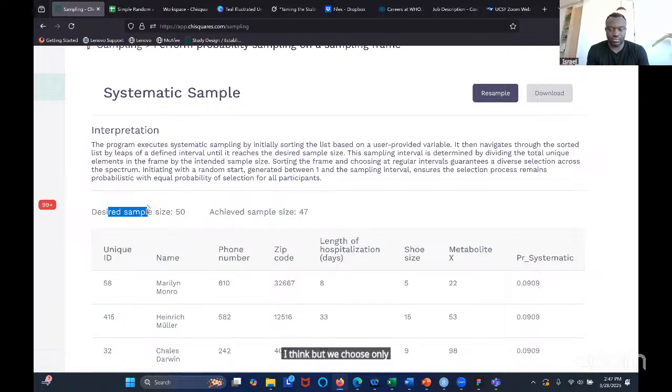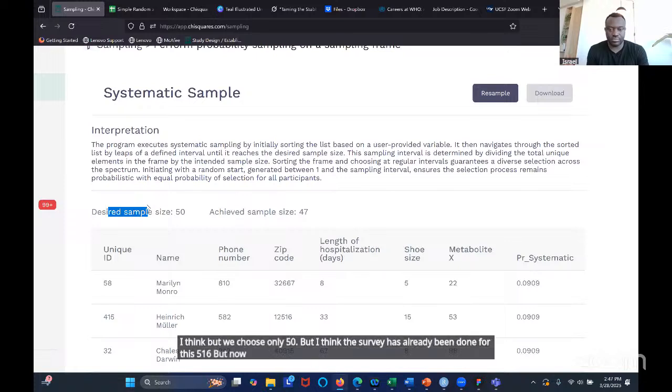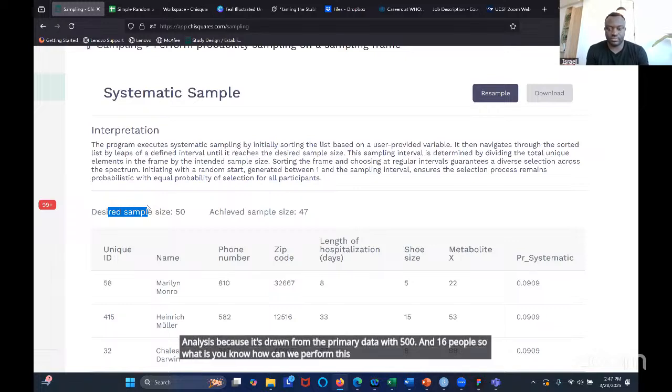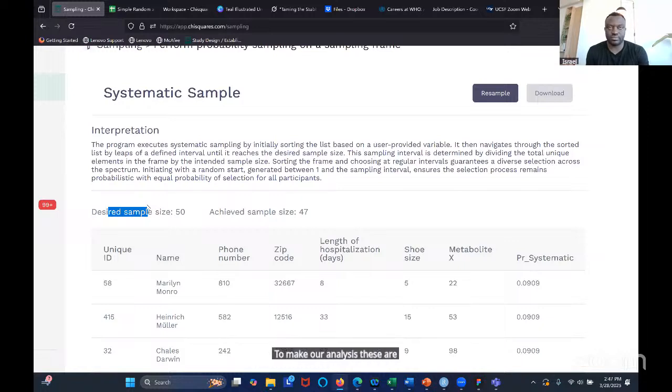But I think the survey has already been done for these 516, and now we select only 50 people. We need to make analysis from these 50 people. So can we consider that this is secondary data analysis, because it's drawn from the primary data of 516 people? How can we perform this? Do we need to go from the start, or can we use this secondary data to make our analysis? These are my three small questions, even though they are a little bit longer, Prof.